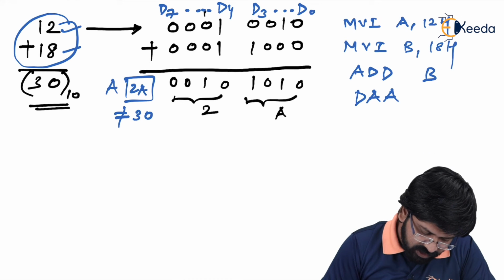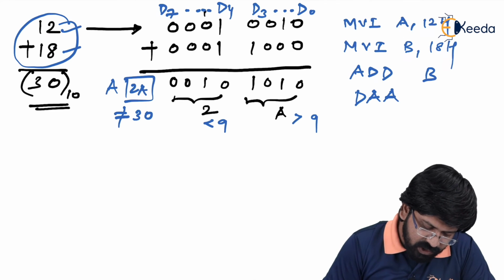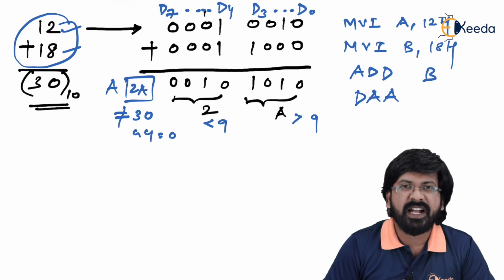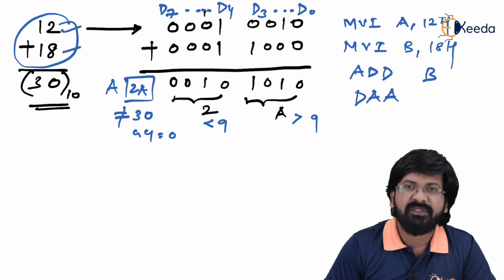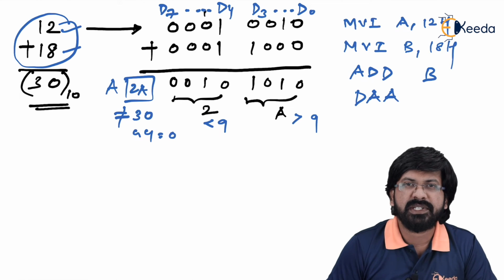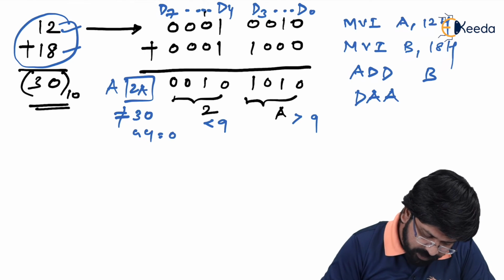As you can see, 2 is there, so it is less than 9, but this A is greater than 9. Also carry is equal to 0. So if carry is 0, it means that whatever BCD digit we have at the left-hand side, we are okay with it. We have a problem only with the digit at the rightmost side, right? So I'm going to add 6 to the last 4 bits.